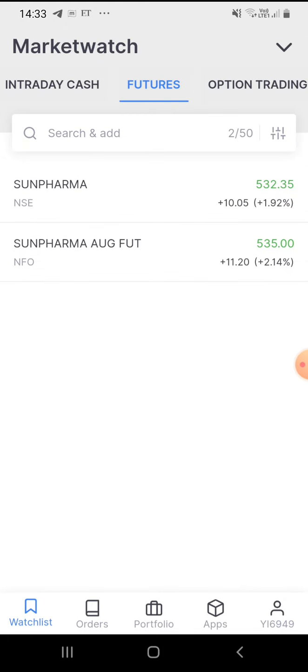First thing, and this is for all the options, not only Sun Pharma, I will tell you what a strike is. First you need to check the real value of the future. Here you can check the real value of the future, 535. Near to that future we need to buy.